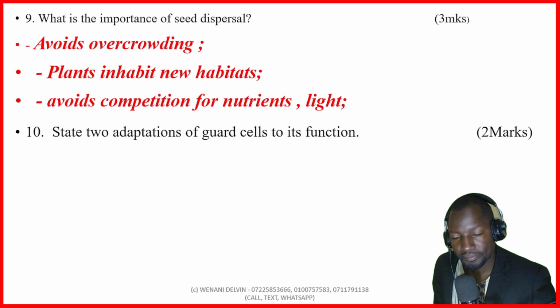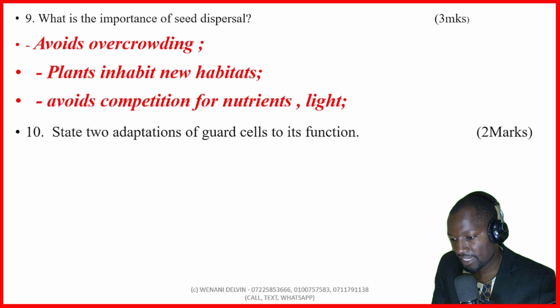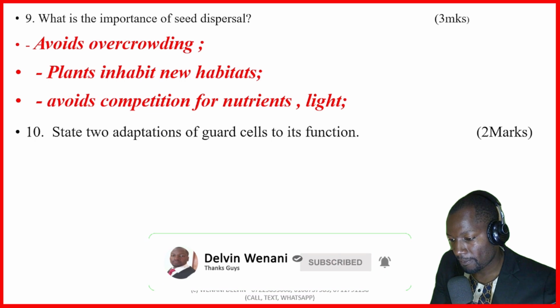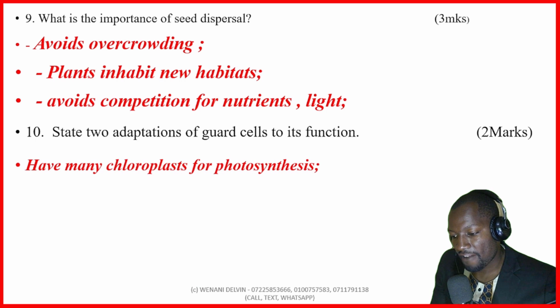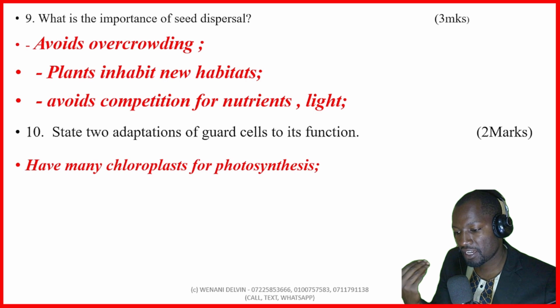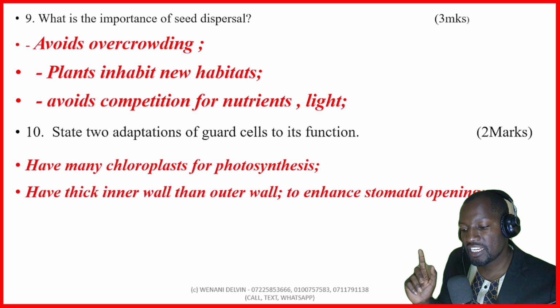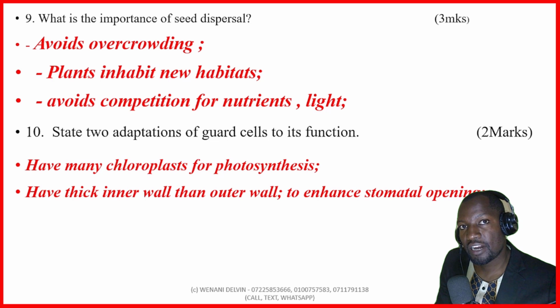Stage two, adaptation of guard cells to its function. Number one, they have many chloroplasts for photosynthesis. I'm talking about the guard cells. They also have a thicker inner wall than the outer wall.